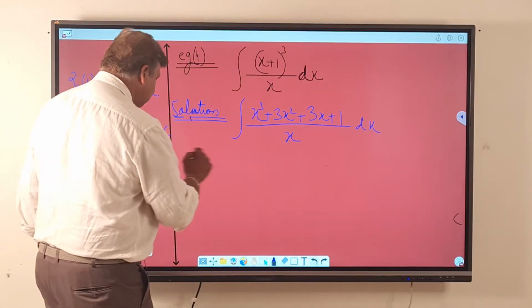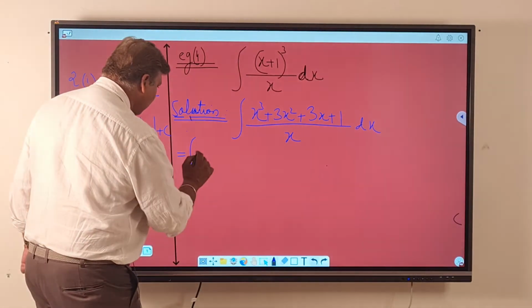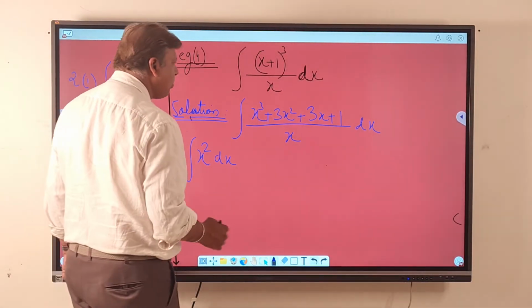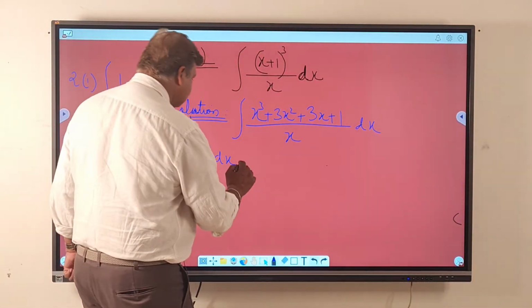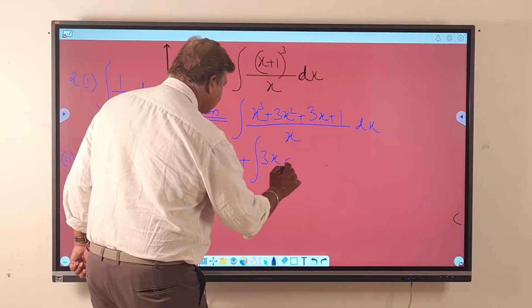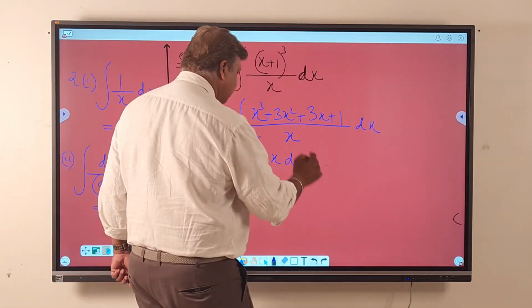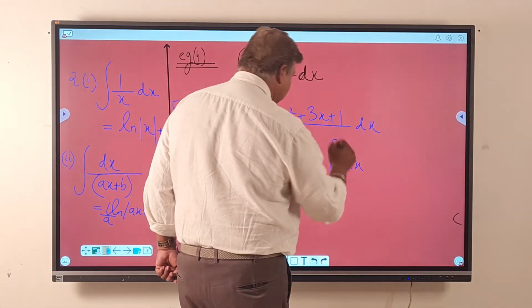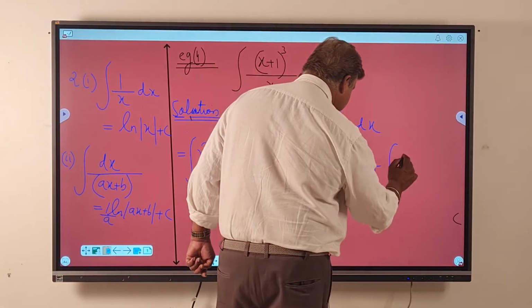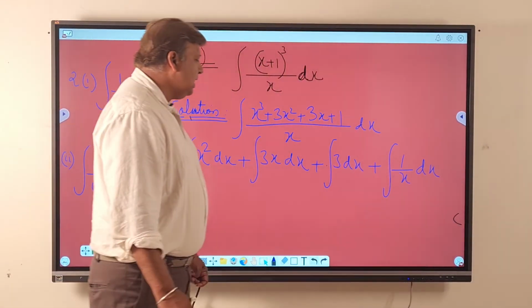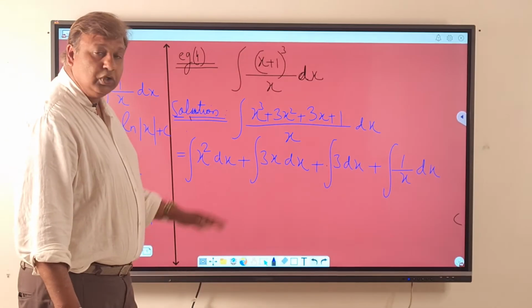So x cube upon x, what you will get? x square. 3x square upon x, what do you get? 3x. 3x upon x, what do you get? 3 only. And in the last you get 1 upon x. Now each integral is doable.